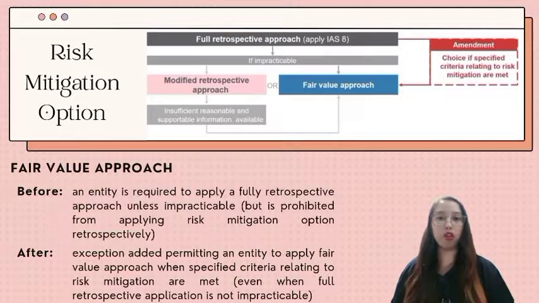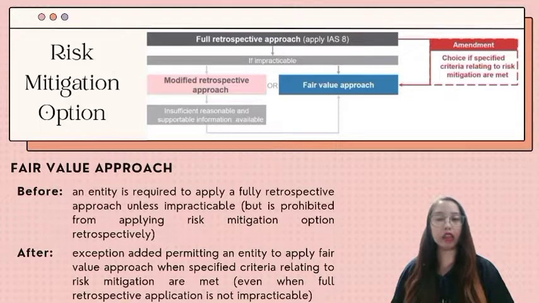So, nami-meet po yung condition na ito if una, pinili po ni entity na i-apply yung risk mitigation option sa group prospectively from the transition date and pangalawa po, before the transition date, gumagamit na po ng derivatives, reinsurance held, or non-derivative financial instruments measured at fair value through profit or loss si entity sa pag-mitigate ng kanilang financial risk arising from the group of insurance contracts.